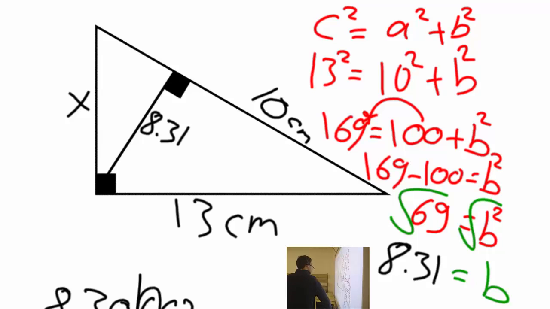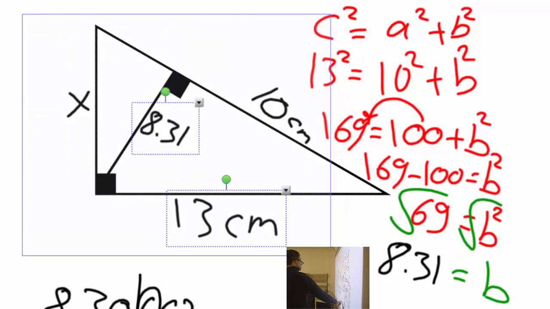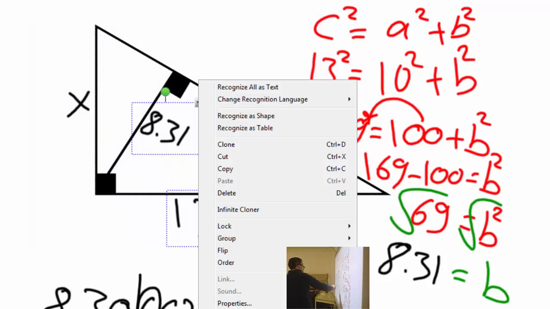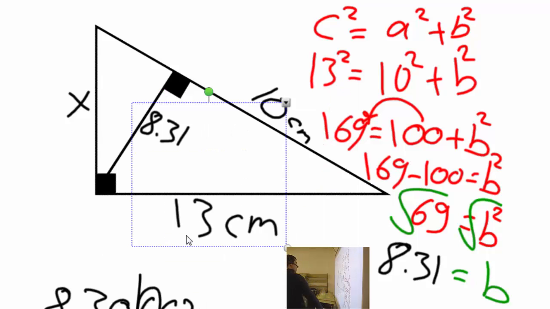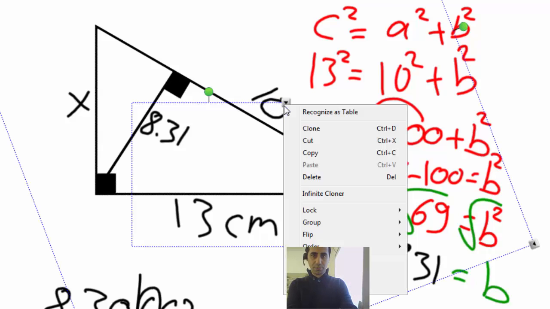So let's choose everything, make a group. And it didn't select that. Shift this. Okay, make a group.